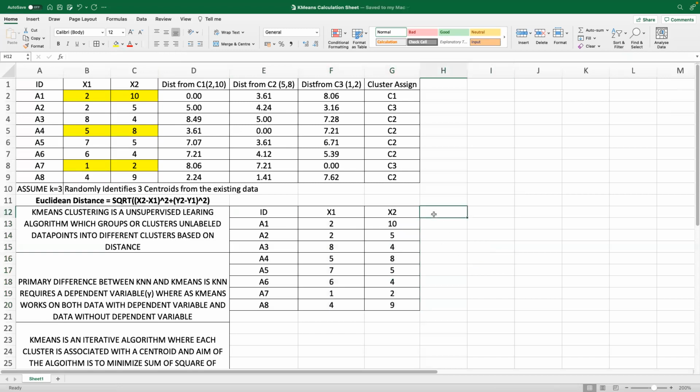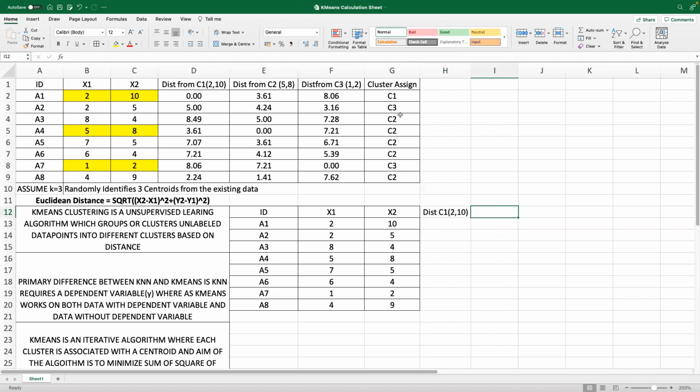Now the cluster 1. C1 remains the same, right? There is only one observation for C1, and what are its values? 2, 10. 2, 10 is for C1, right?